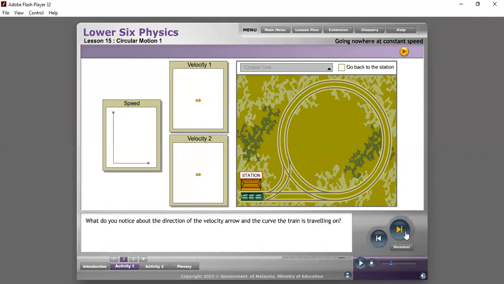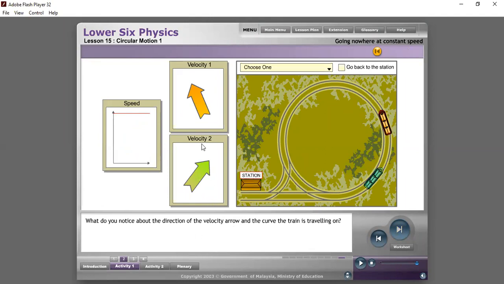What do you notice about the direction of the velocity arrow and the curve the train is traveling on? So when they are moving, at any instant, what do you notice about the direction and the velocity arrow?